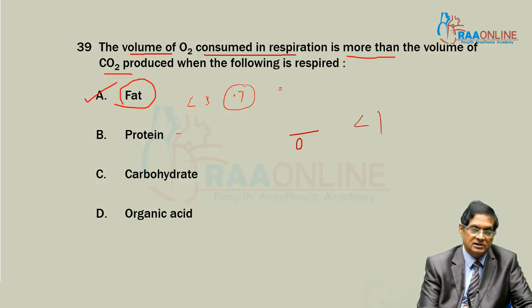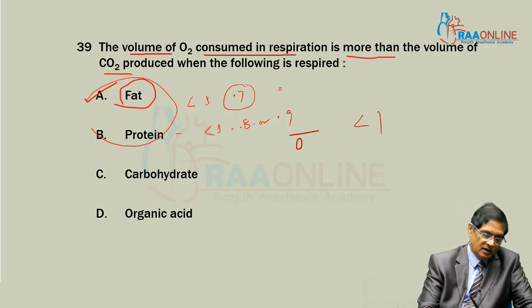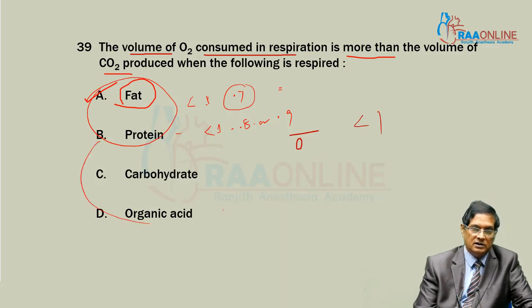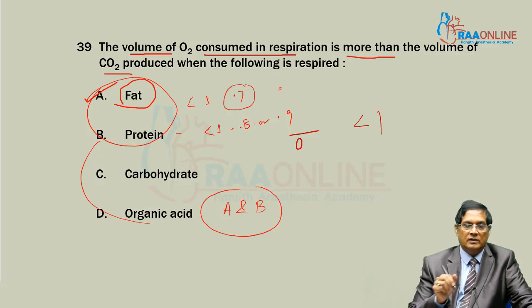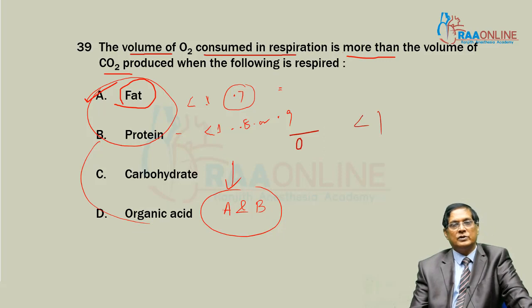Proteins too have less than 1, approximately 0.8 or 0.9. So for this question the answer should be A and B both. So we can correct it: the answer is A and B. If fats and proteins are oxidized, in both cases the amount of oxygen consumed is more than the amount of carbon dioxide released.